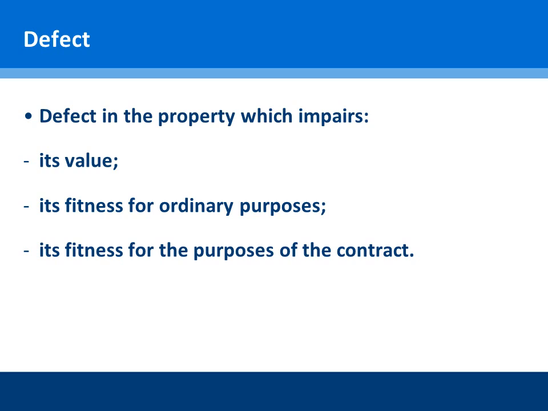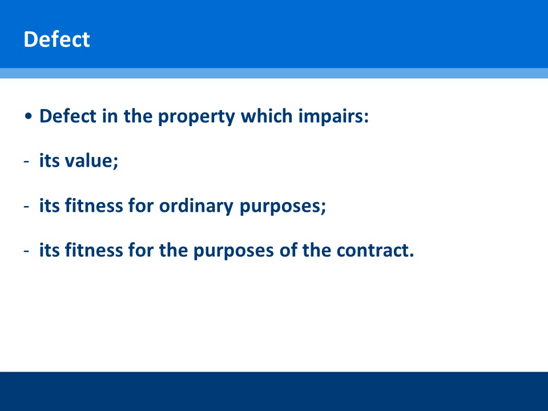I buy a purebred German Shepherd dog from you. Later on, I find out that this dog is not a purebred German Shepherd dog. So, even if I pay 20,000 baht for this dog, its real value is much lower. The seller, you in this case, are liable for defects.